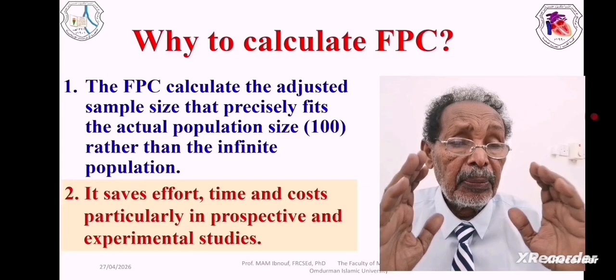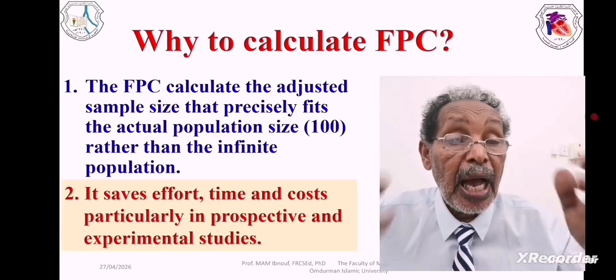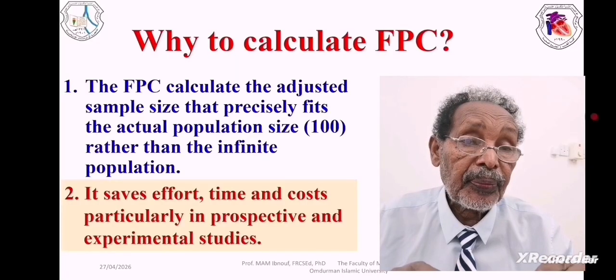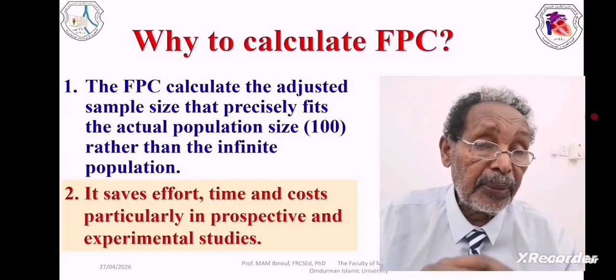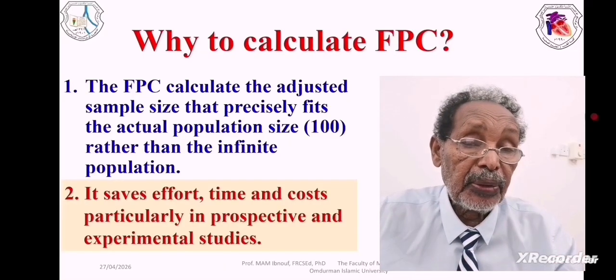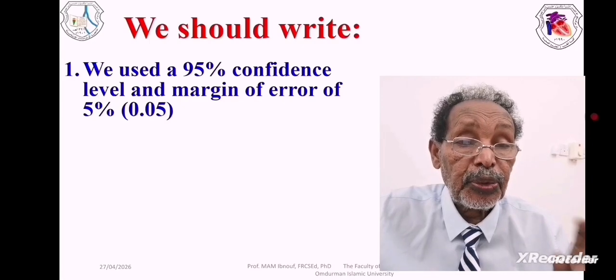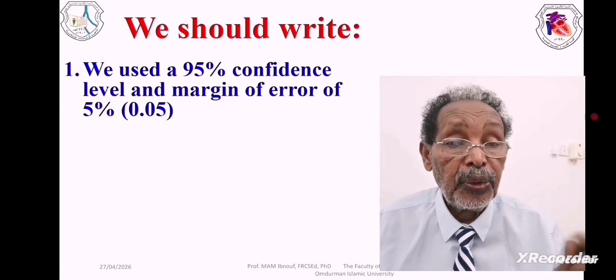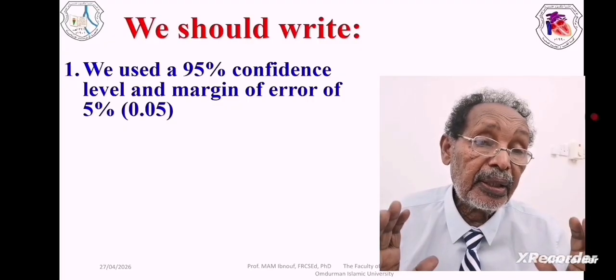So by calculation, if we study a sample size of 56 and we document that we have used the figure so and so, and we apply the finite population correction, and if we document all these, the study will be 100% correct. So we should write, we used a 95% confidence level.